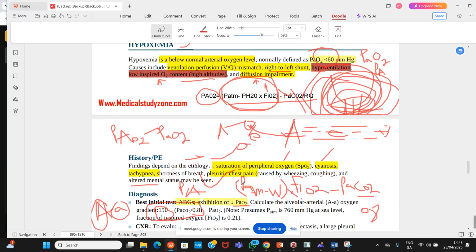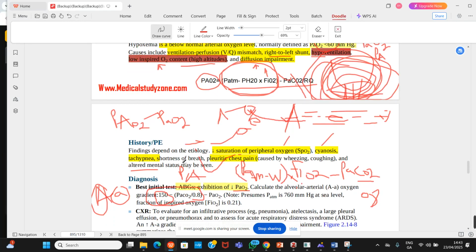No. Yes. Some people are still confused. So what part is not clear, so that I will know? How did you arrive at 0.8? Sorry, I can't hear you at all. How did you arrive at 0.8? 0.8 is the value for the respiratory quotient.